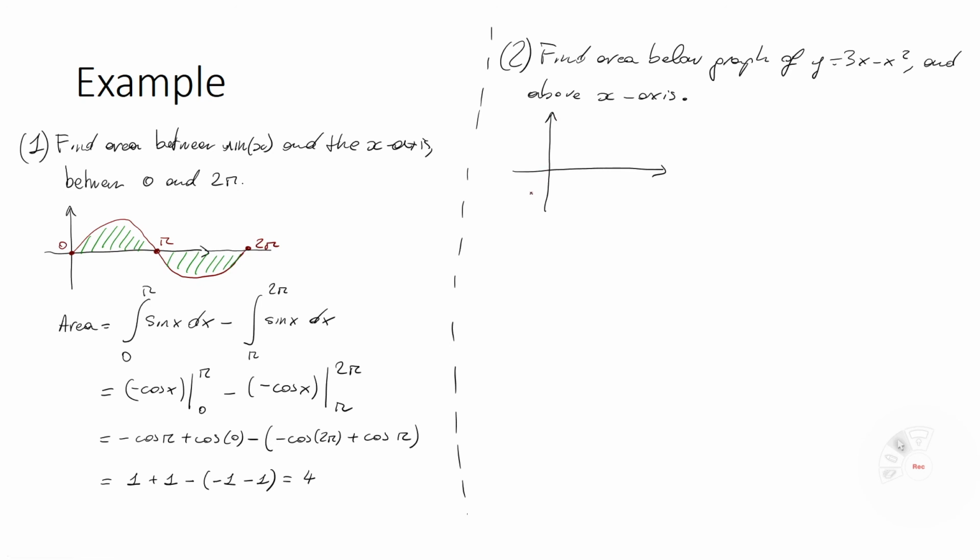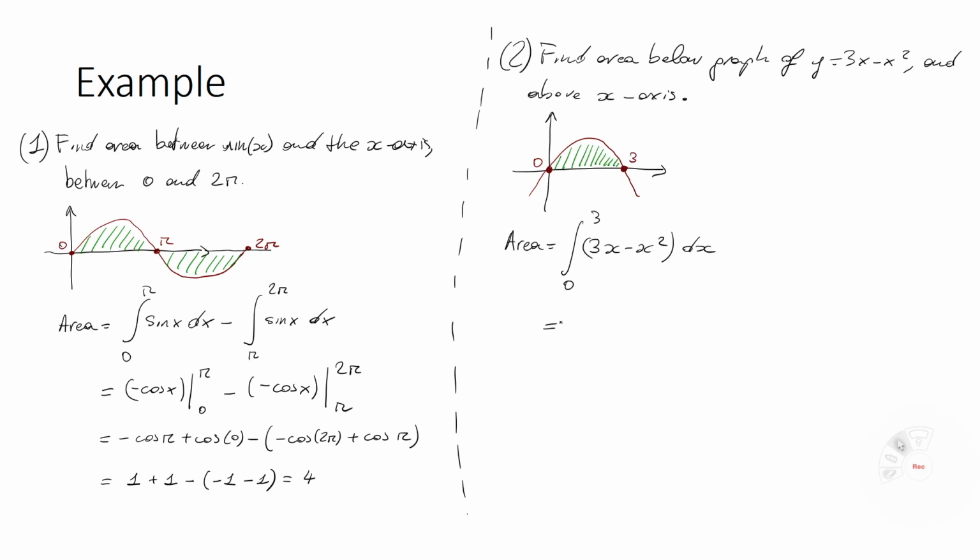We can graph y is equal to 3x minus x squared, and we get a function like this, which passes through 0 and 3. From the problem statement, we have to find this area below the graph but above the x-axis. And so here our area is equal to the integral 0 to 3 of 3x minus x squared dx.